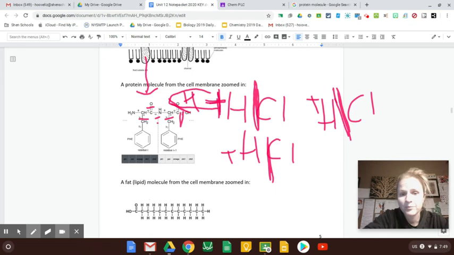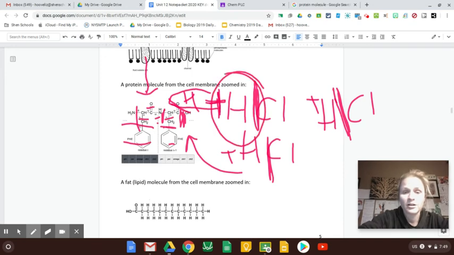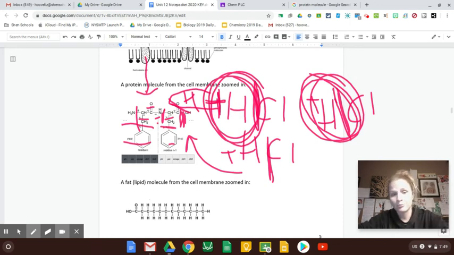And then maybe one of them goes in here and wants to bond with this OH to make water, or wants to bond here. And the more H+ go in and break bonds to form new ones, it is literally breaking apart the proteins in your skin by breaking the bonds to form new bonds. So again, it's all about these H+ just dying to react and bond and get electrons that are breaking the bonds in your skin.